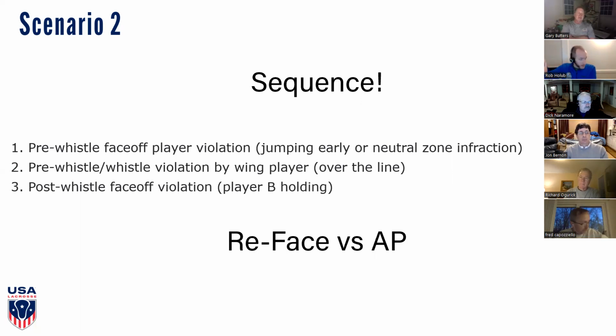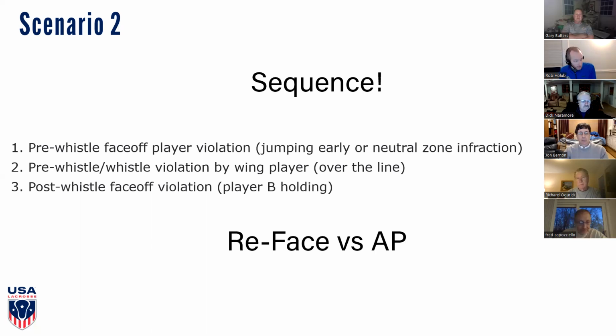Then we go to wing violations, right? To that pre-whistle idea, and then once the whistle occurs is our next sequence of event, and then we're gonna go to the hold last, right? Within that scenario, we should be able to determine when those occur, looking at pre-whistle, to Dick's point, and then when the whistle occurs, and then post-whistle.